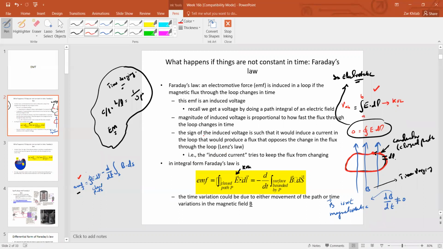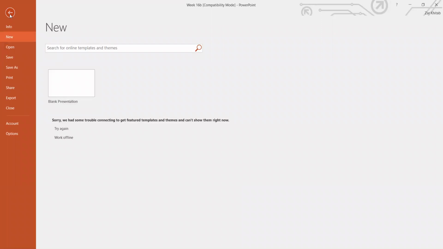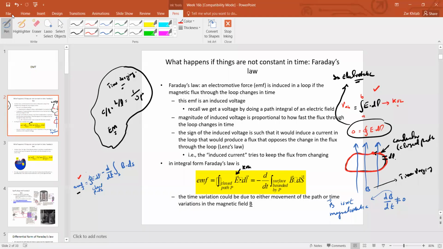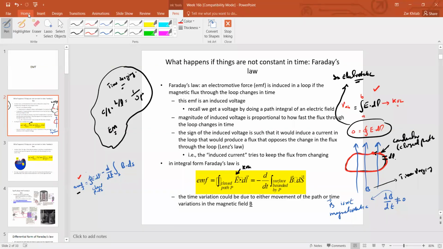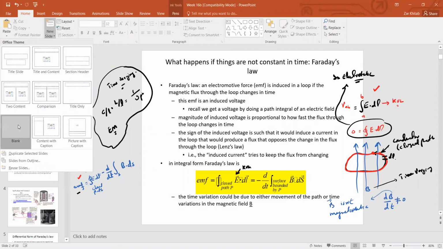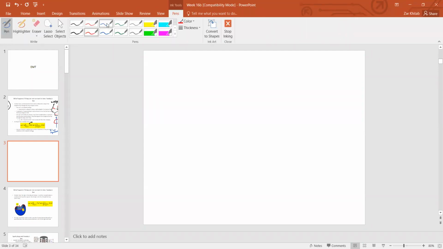At his time, Faraday was conducting numerous experiments on electromagnetism, right?